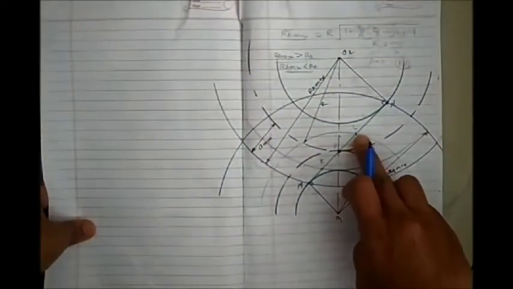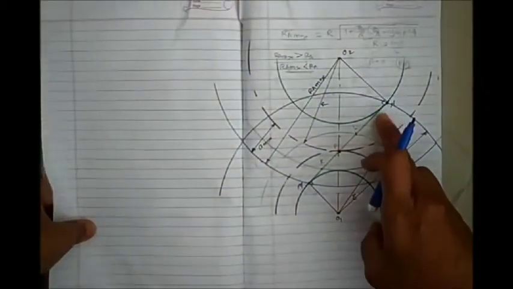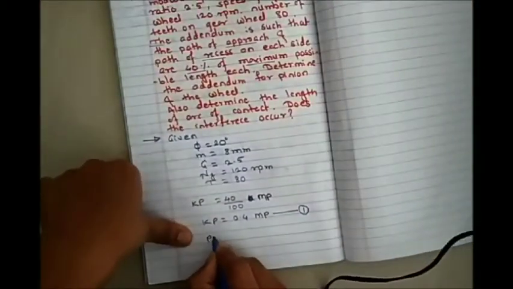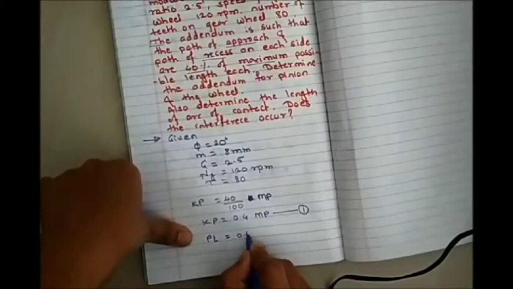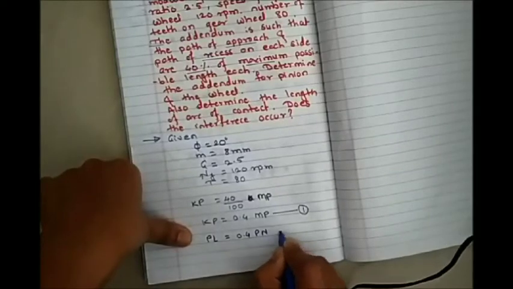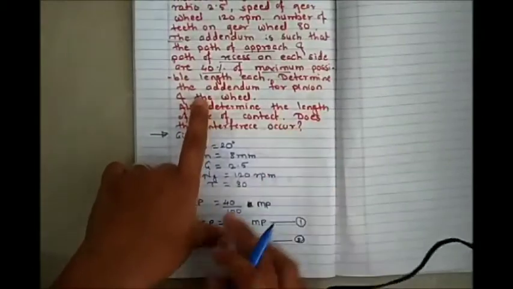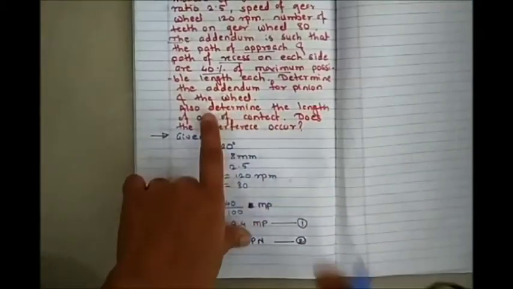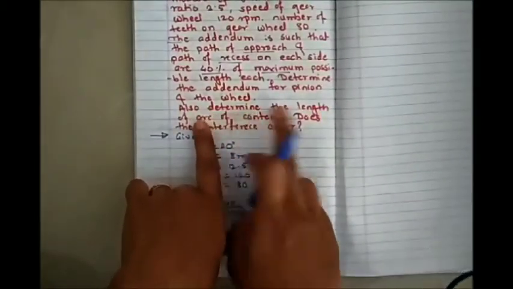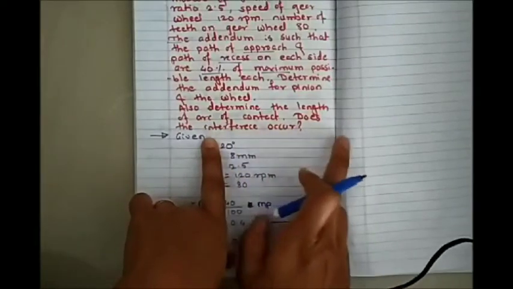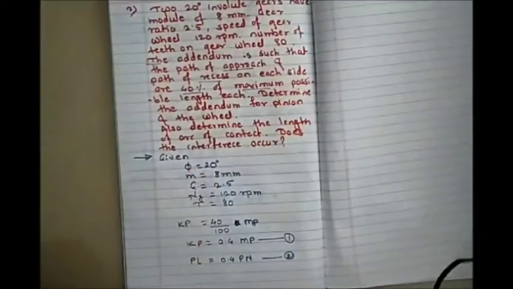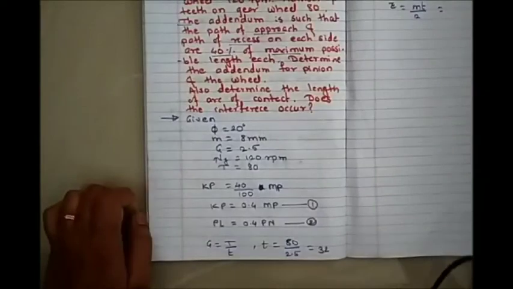Similarly, this PL is 40% of PN. So let's write it. PL is 0.4 of PN, and this is equation 2. And then they ask to find out the addendum for pinion and wheel. They also ask to determine the length of arc of contact and whether there is interference or not.